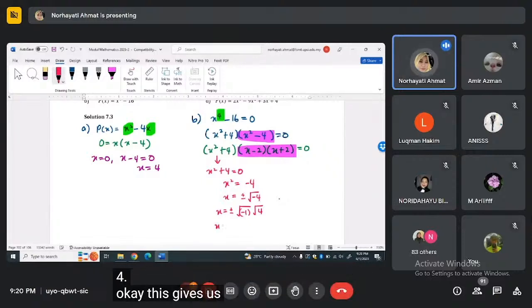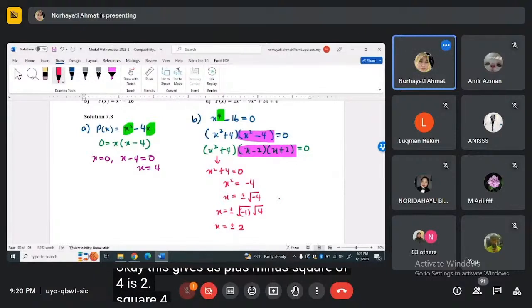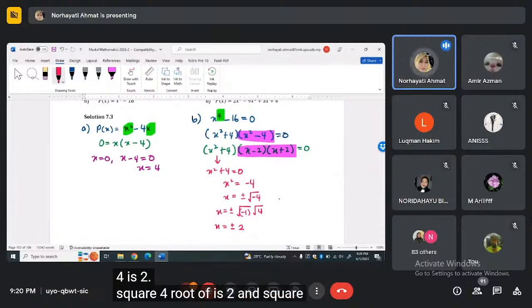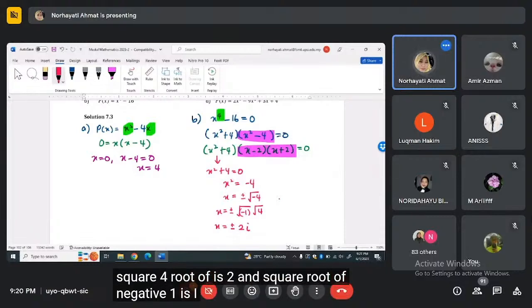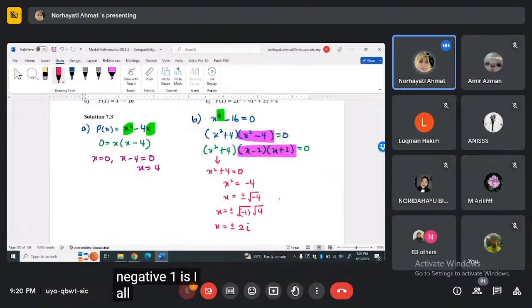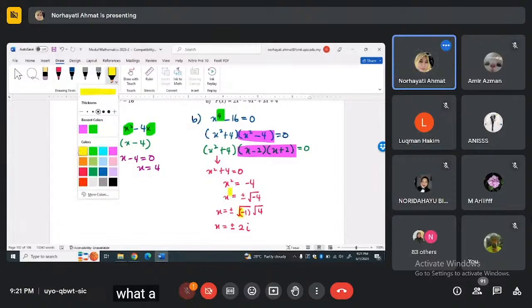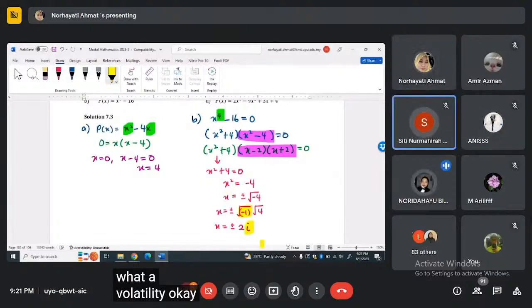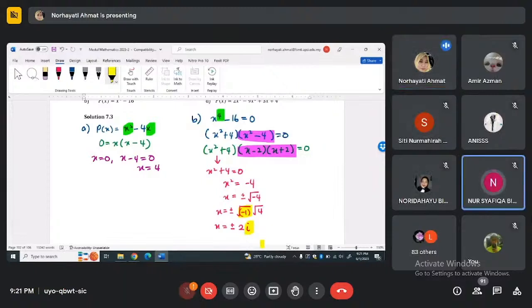Okay, this gives us plus minus square root of 4 is 2. Square root of 4 is 2. And square root of negative 1 is i. Alright? Boleh kelas? Boleh doktor. Alhamdulillah good.